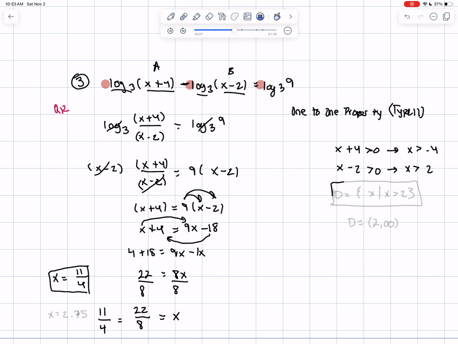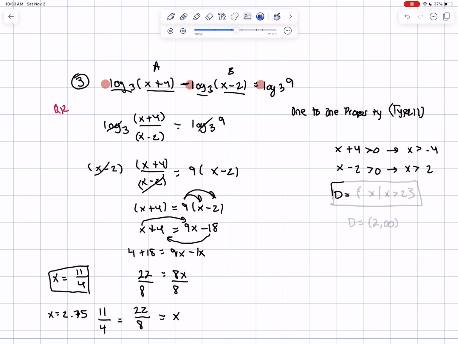So let's see what our domain is. If I divide 11 over 4, 11 divided by 4, gives me 2, so if I were to evaluate that, that's 2.75. So which one actually works? It's going to have to be that x is greater than 2.